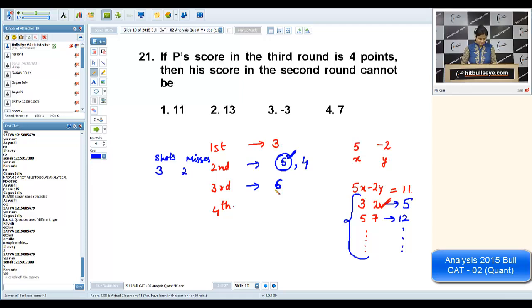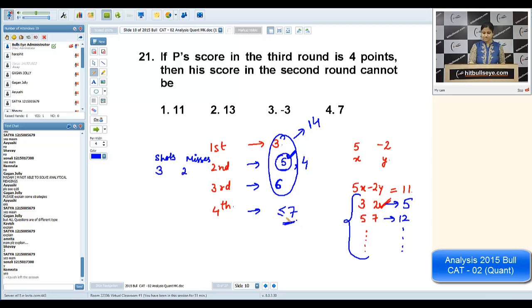And in the question it is also mentioned that he was given not more than 21 aims in all the 4 rounds together. So in total how many aims are used? They are 14 and not more than 21. It means it should be less than or equal to 7. I'll consider this as 6 or 7, you can consider.